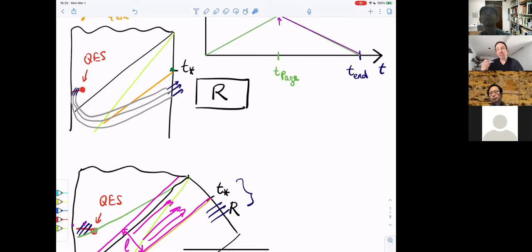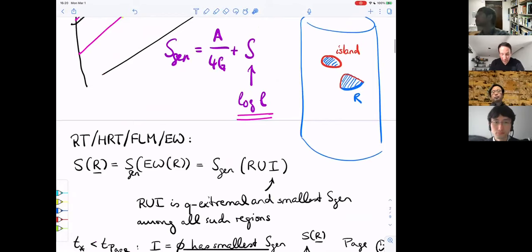So now I have another candidate for what might be a good entanglement wedge. It might be the interior of the black hole. Certainly R, together with the interior of the black hole, has less entropy than R by itself, even though I need to include in the generalized entropy of the entanglement wedge the area of the boundary of that region.